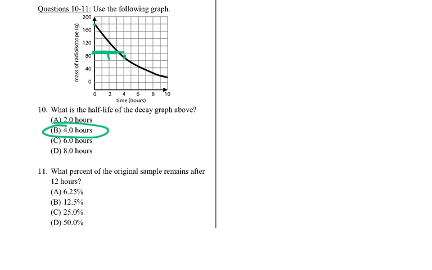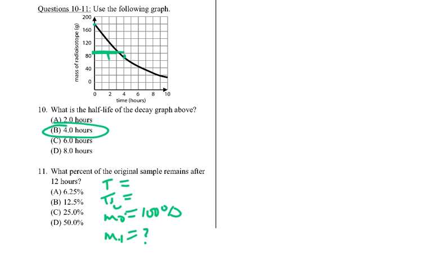What percent of the original sample remains after 12 hours? Well, if the half-life is 4 hours, we're really saying here's t, here's t 1/2, here's mass, and here's mass at time t. We're saying what percent remains, so that's this question mark, and this is 100% implied by the fact we're asking about percent.